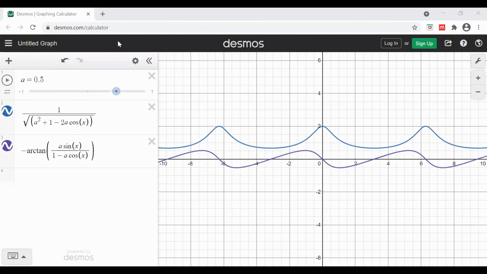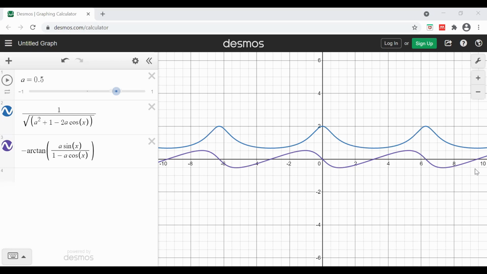I put my a here, a number below 1 and positive, and then I put in the equation of the magnitude, which generates this blue function, and then the equation of the angle, which generates this purple function.